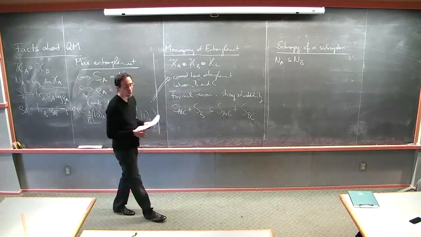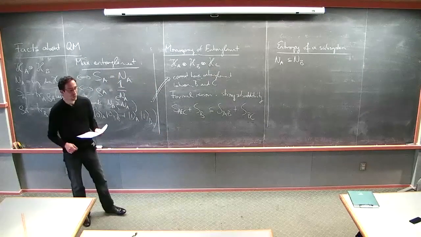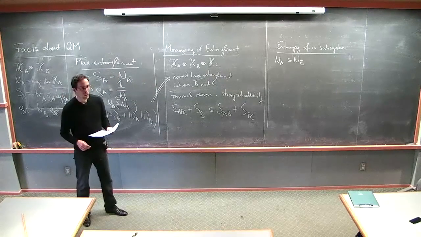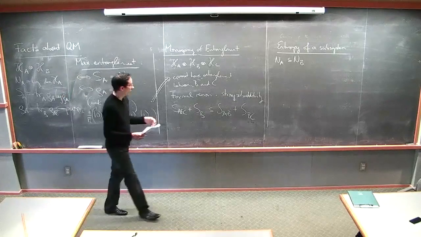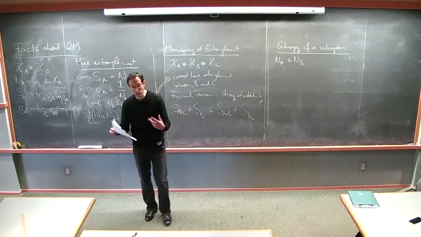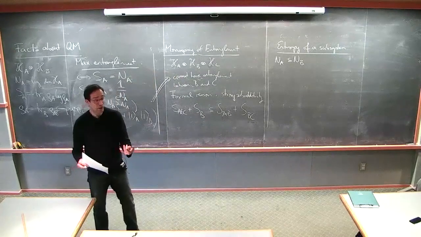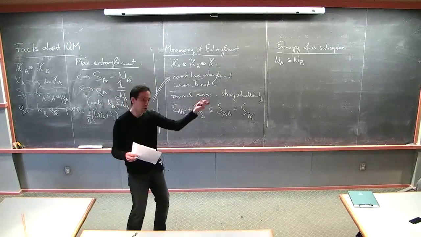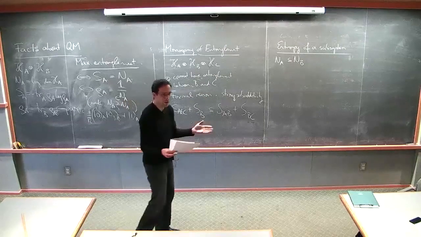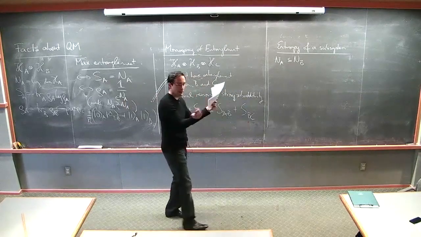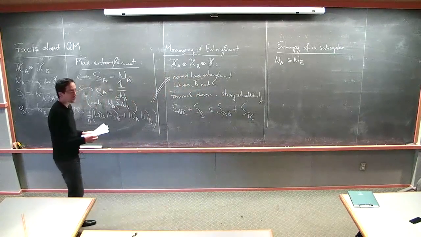You could have 0A, 0B, 0C plus 1A, 1B, 1C, and so on. A very simple way of thinking about it is think of B itself as a bipartite system. Maybe it's 2 qubits, and you can entangle one qubit with one system and the other with the other. That would be a very simple example of splitting entanglements.